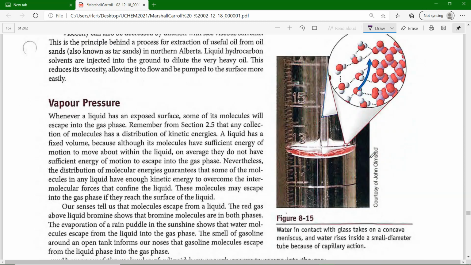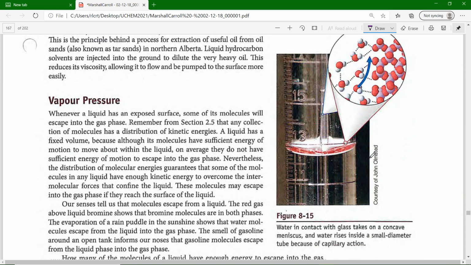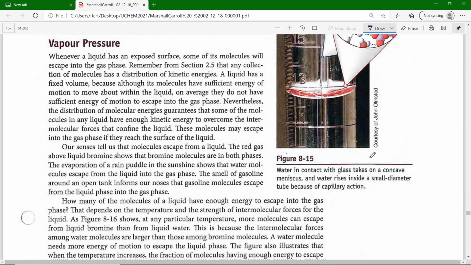Okay? So, when we also talk about liquids, we talk about vapor pressure. Some of the molecules will escape into the gas phase if a liquid has an exposed surface, like just a glass of water. There's a distribution of kinetic energies.